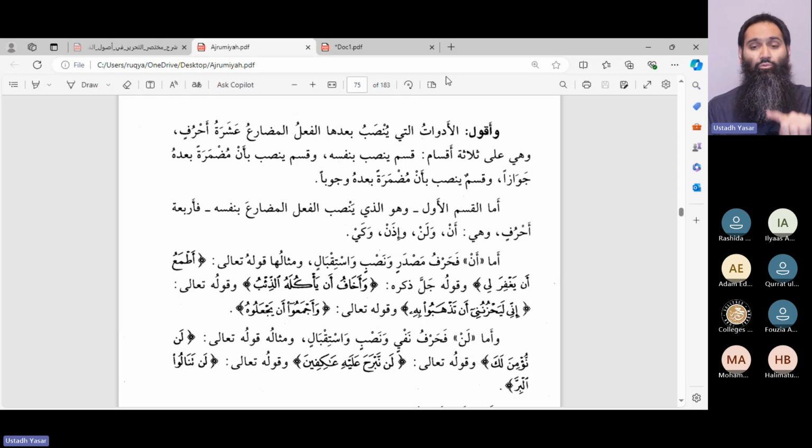There is an which is hidden after these letters, but wujuban. You can never write it there after these letters, and you can never say it. It's never been heard from the Arabs. It's always just hidden. Okay, so these are three categories, and inshallah we're going to start now with the first category.